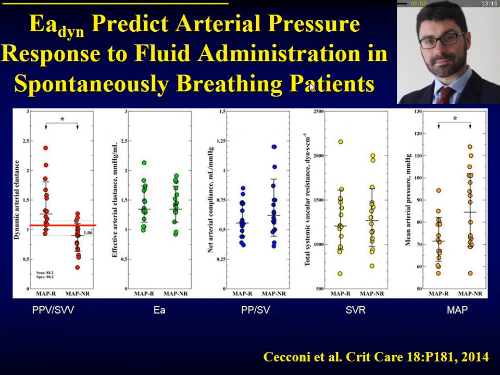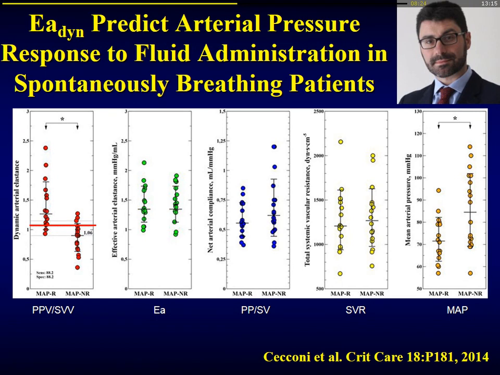So Maurizio Sassoni, our chairman, looked at spontaneously breathing people after surgery and found the exact same thing, that the only predictor of an increase in mean arterial pressure in response to volume in volume-responsive patients was the dynamic arterial elastance. It wasn't the actual arterial elastance, which you can measure.